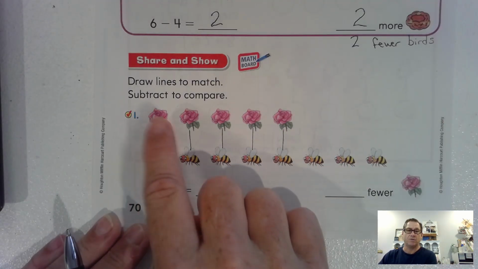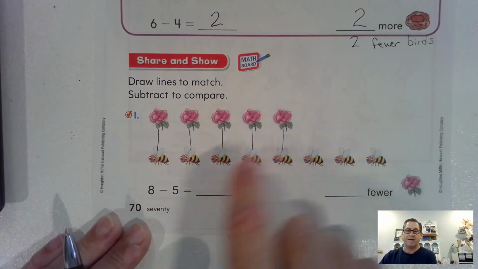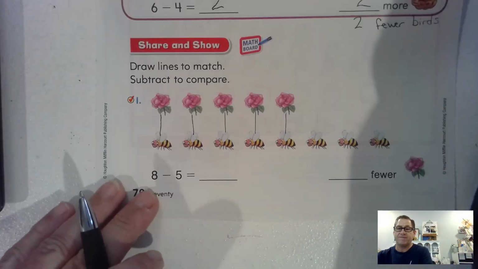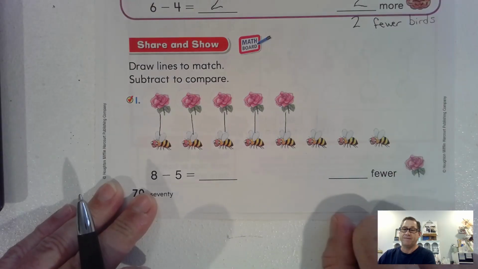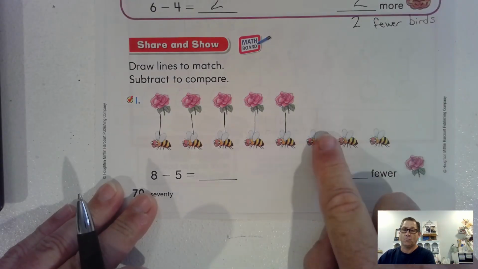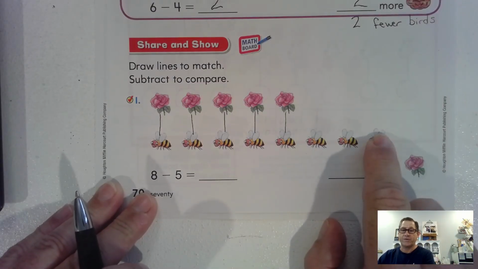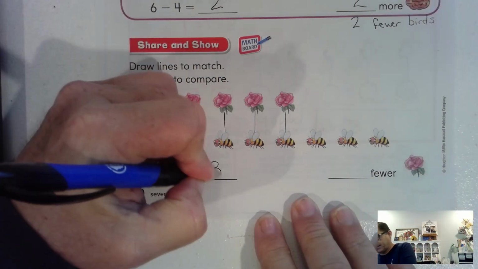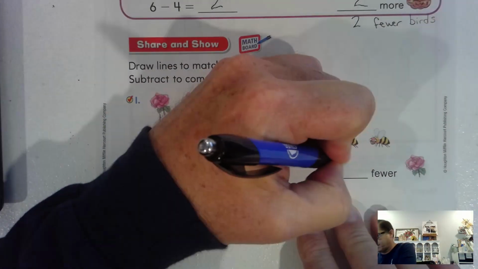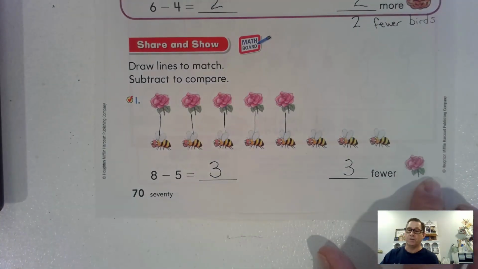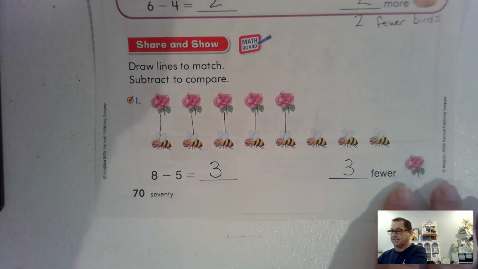How many flowers? 1, 2, 3, 4, 5. So how many fewer flowers do we have than bees? 1, 2, 3. 8 minus 5 is 3. There are 3 fewer flowers than bees.